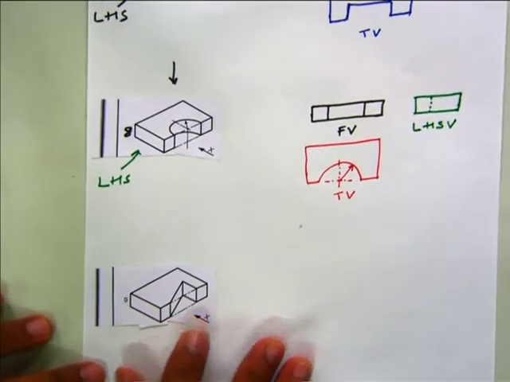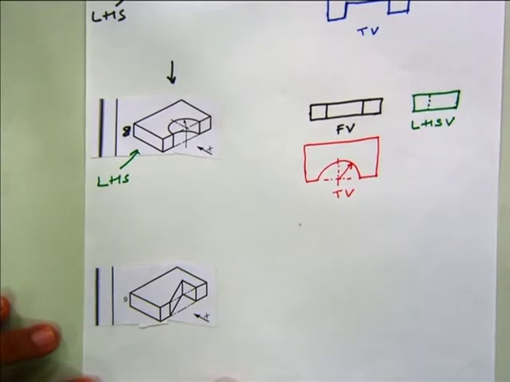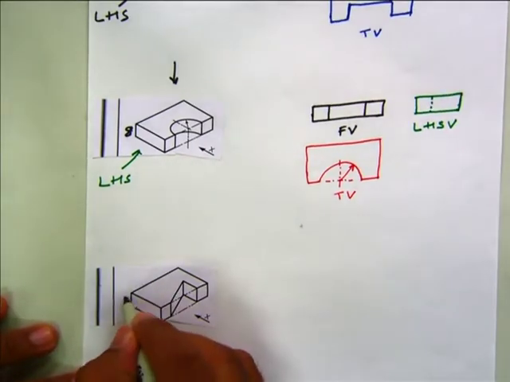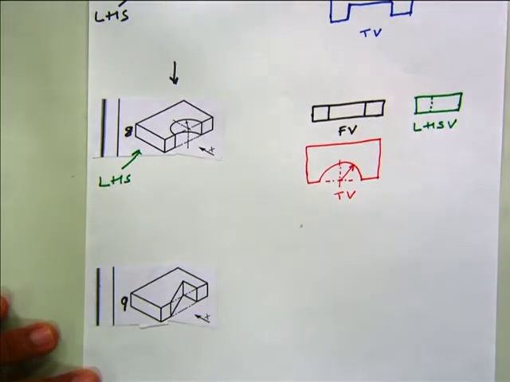Further, a different shape in the same rectangular plate. Figure number 9. We are viewing from here, X direction.